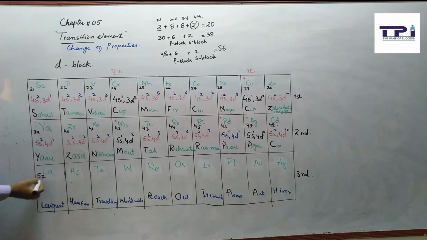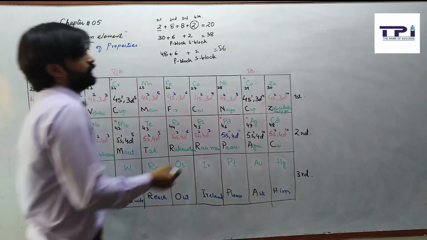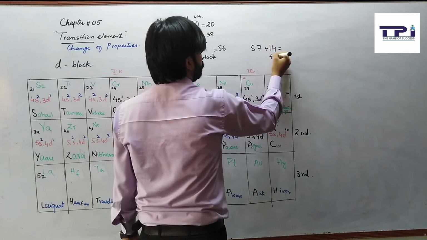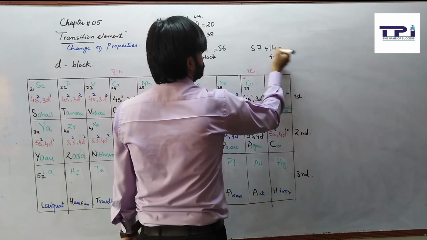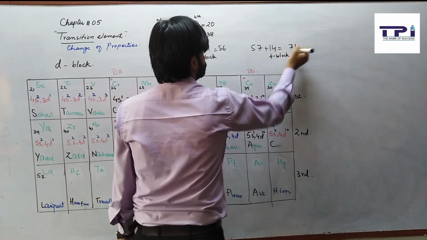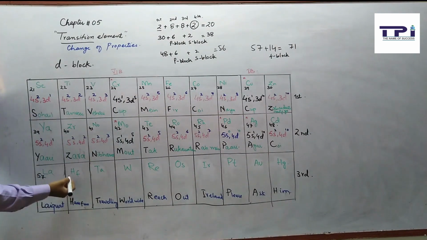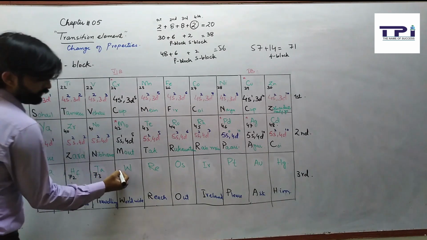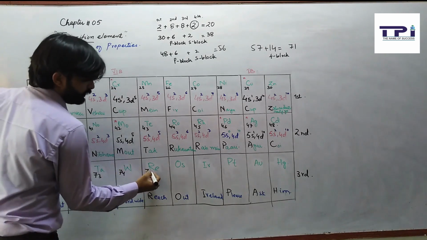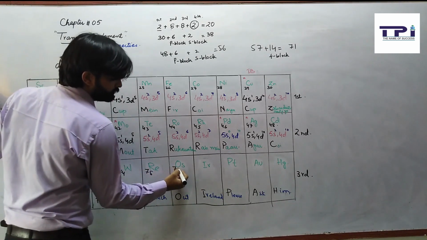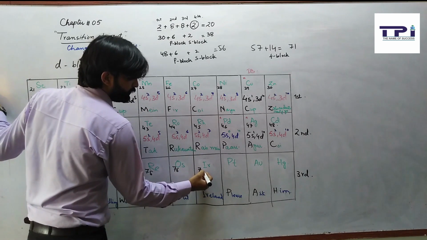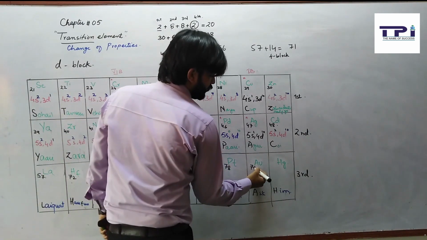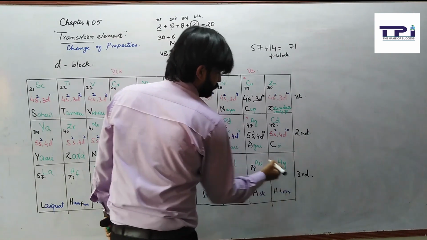You have to memorize that in 6 period, you have 14 elements of f block. 57 plus 14, you will have 71, and the next one would be hafnium 72, tantalum 73, tungsten 74, rhenium 75, osmium 76, iridium 77, platinum 78, gold 79, and mercury 80.